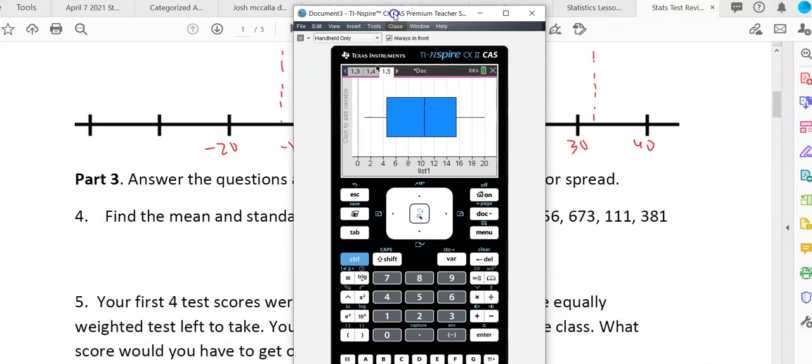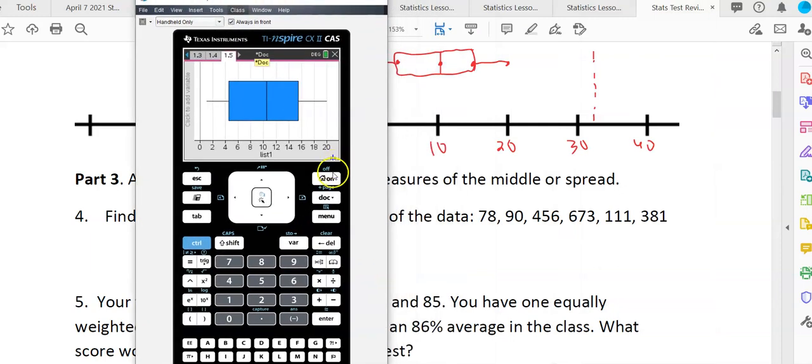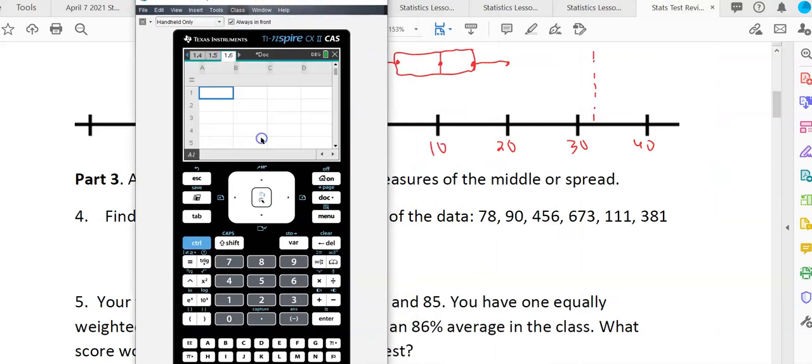Find the mean and standard deviation of the data. Plus one data 2, 78, 90, 456, 673, 11, 381.